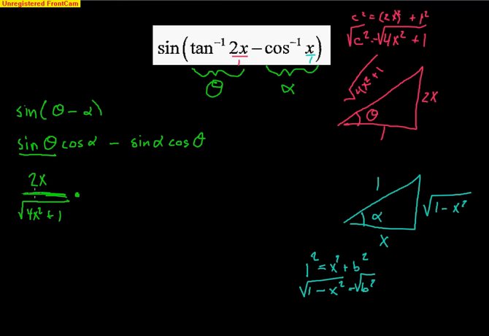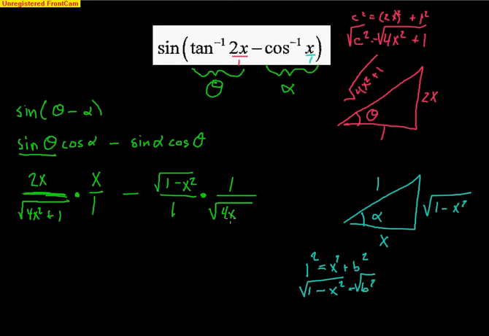Here's alpha. Cosine is adjacent over hypotenuse, x over 1. Minus sine of alpha. Let's go back down here to alpha. Sine is the opposite, square root of 1 minus x squared, divided by the hypotenuse 1, times cosine of theta. Let's go back here to cosine of theta. Cosine is adjacent 1, over the square root of 4x squared plus 1.